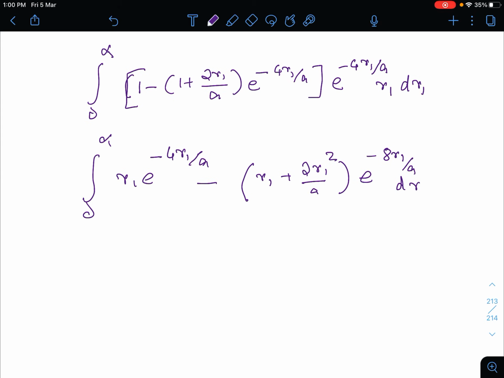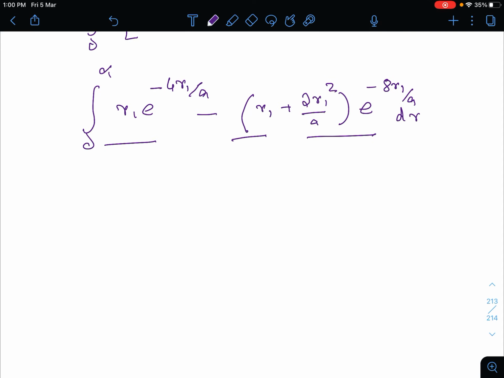So this is typically three integrals, 1 2 3. You can do that integral very simply, because e raised to minus infinity, again everywhere it becomes 0, so only the lower limit terms will be there. When you integrate this, the first term in almost all cases becomes 0, because when you apply the upper limit it becomes 0, and the lower limit also, because there is an r term in everything.